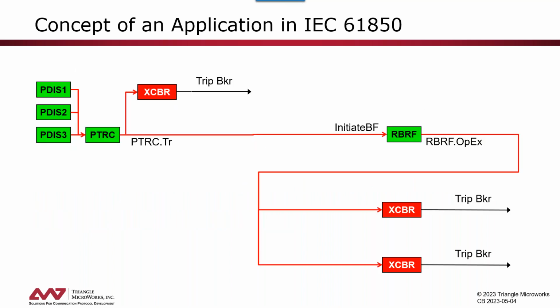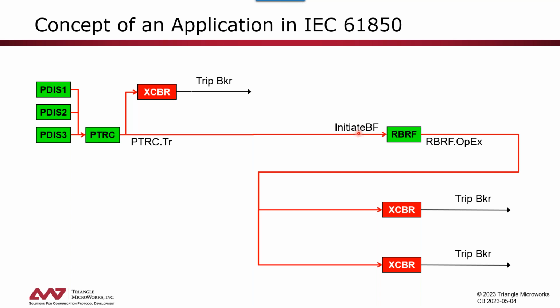So in 61850, an application could look like what is shown here, which is the breaker failure application. We have a couple of protection logical nodes shown, which would go into the protection trip logic. This would generate a trip that goes through the breaker interface and will trip the breaker.